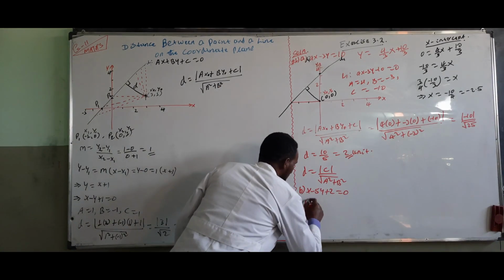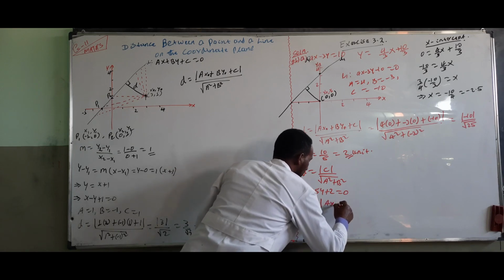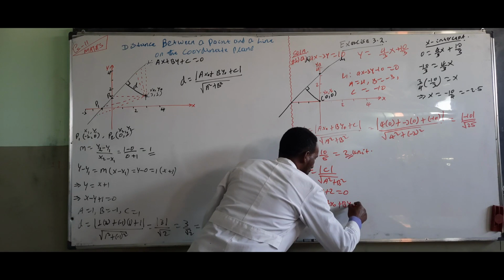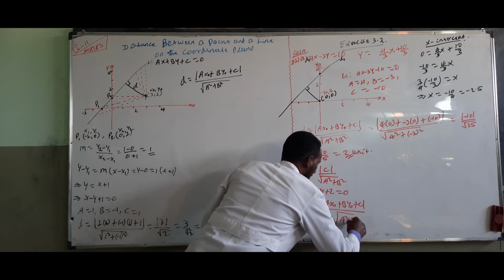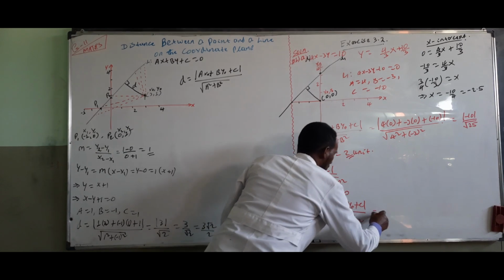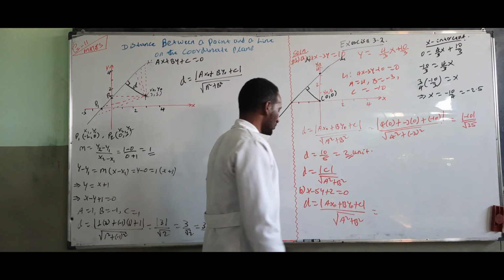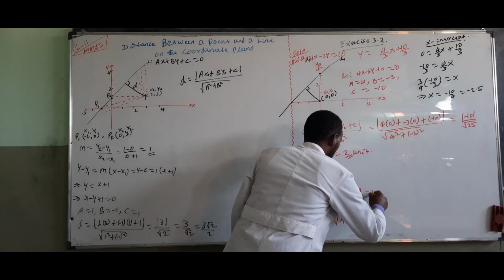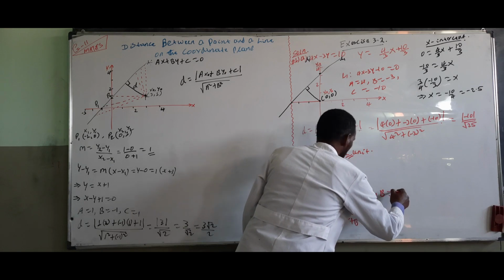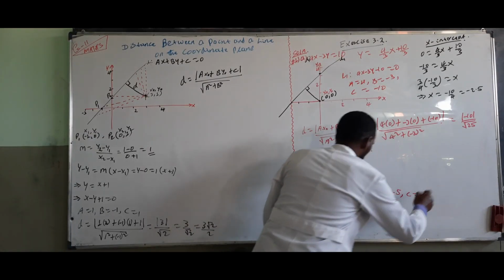The distance is equal to the absolute value of a times x naught plus b times y naught plus c over the square root of a square plus b square. Our x naught and y naught are 0, 0. From the given general equation of line, a is equal to 1, b is equal to negative 5, c is equal to 2.